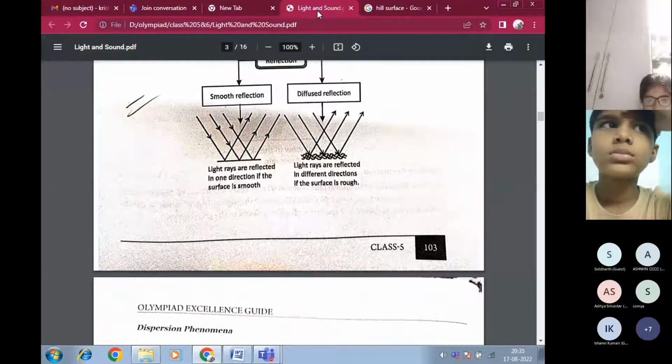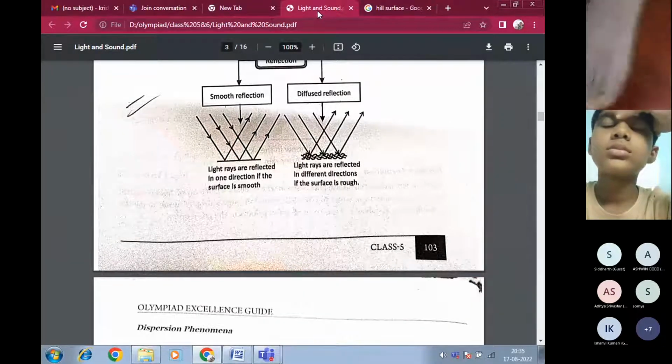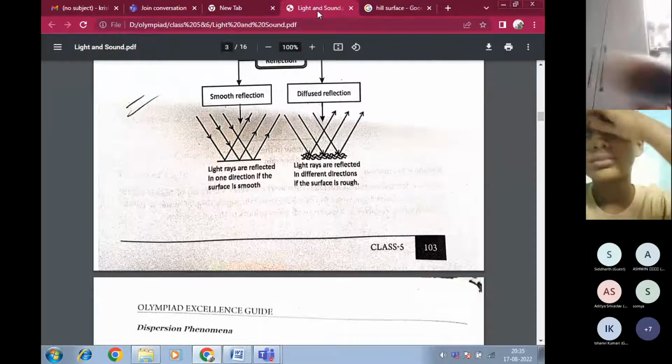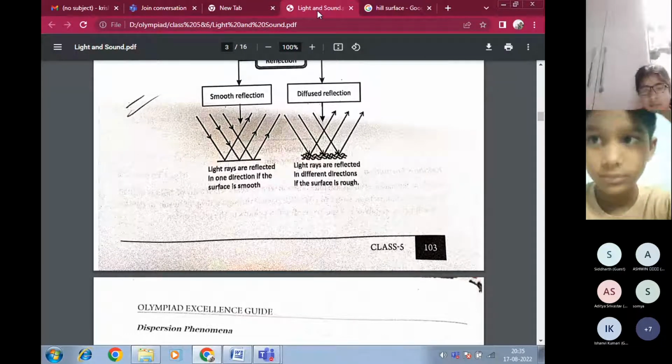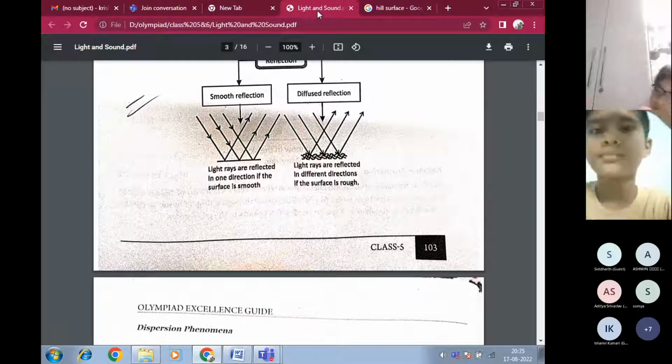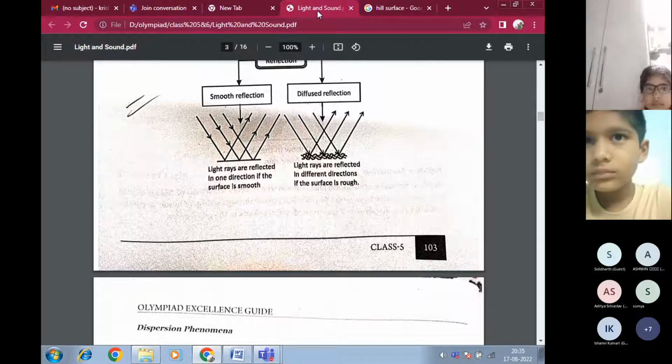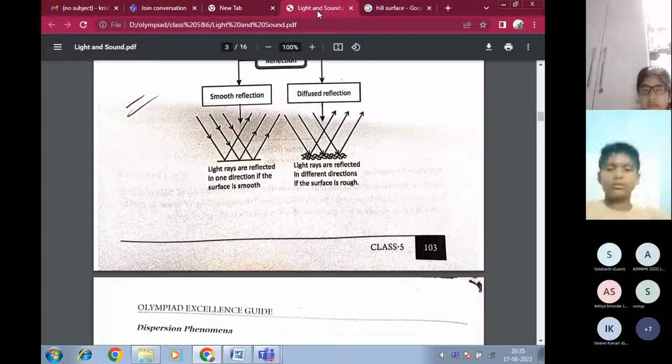Then it will have to put more pressure on the tires to go in another direction. So it will not be very smooth for the car to drive on an uneven surface. In the same way, on uneven surfaces, the light will get reflected or bounced back in different directions. That is the difference here.